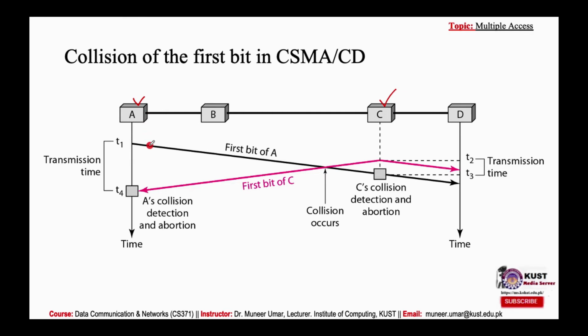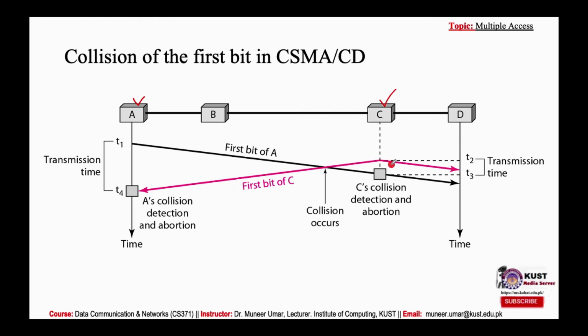At time t2, station C has not yet sensed the first bit from A. Station C executes its persistence procedure and starts sending the bit in its frame, which propagates both to the left and to the right. The collision occurs sometime after time t2.